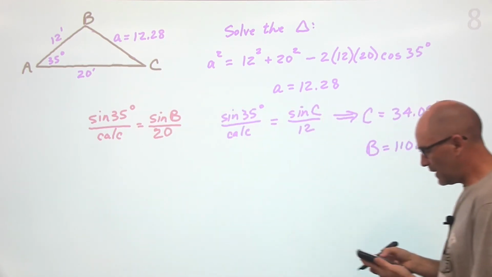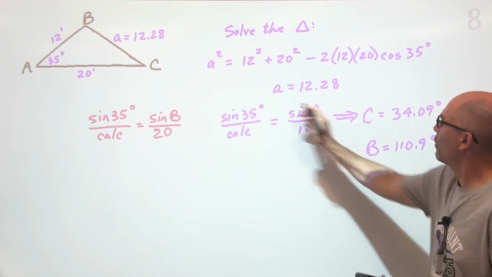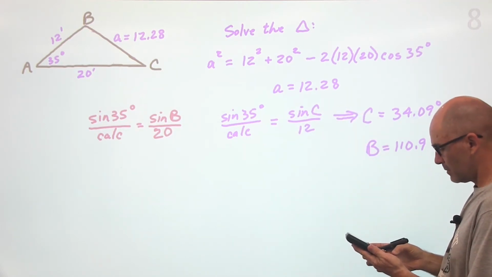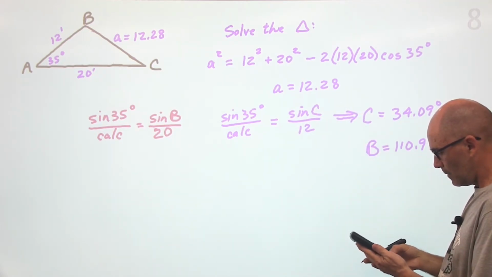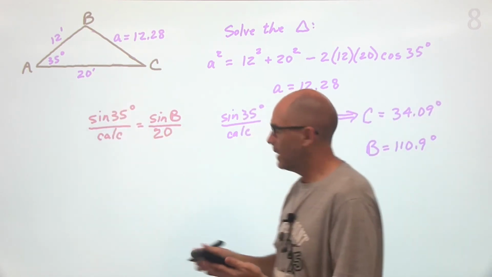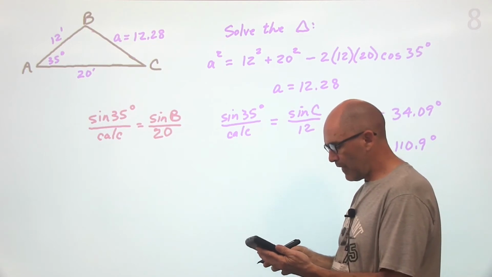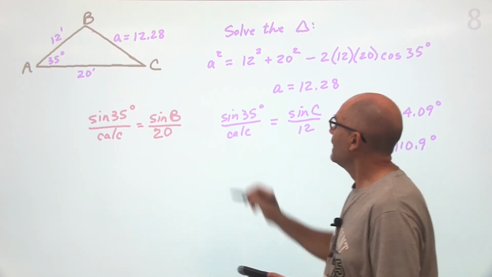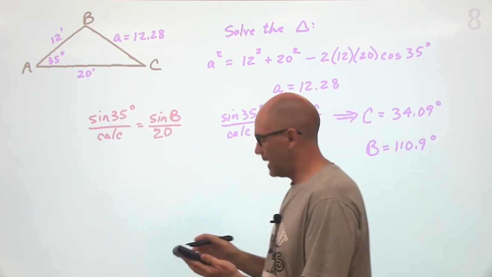Well, I'm going to do the exact same thing that I did before. I start with my 12.28. I reciprocate it so I can get it on top. I multiply by sine of 35. And then I multiply that by 20.